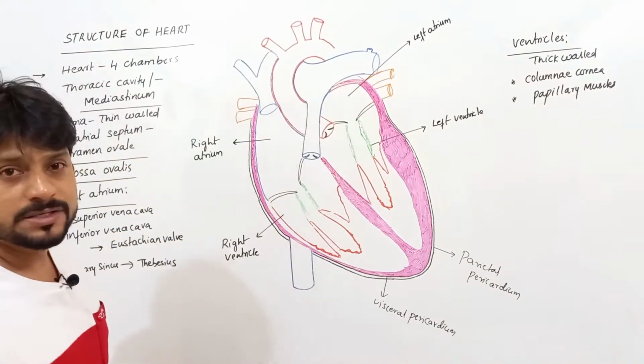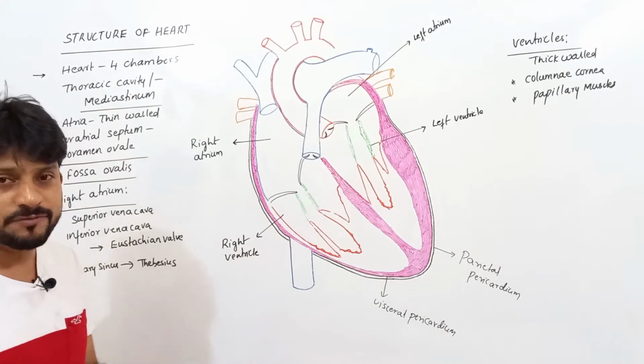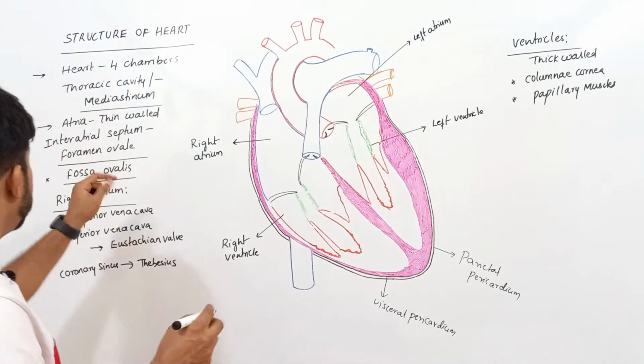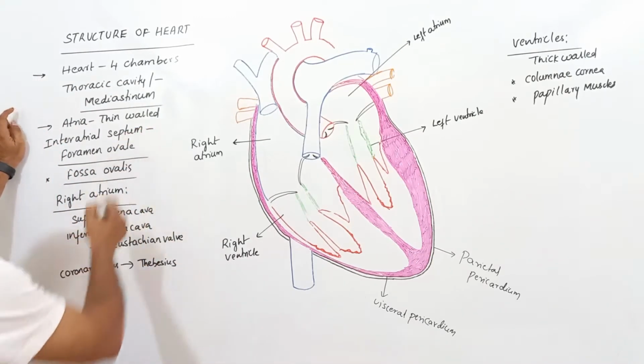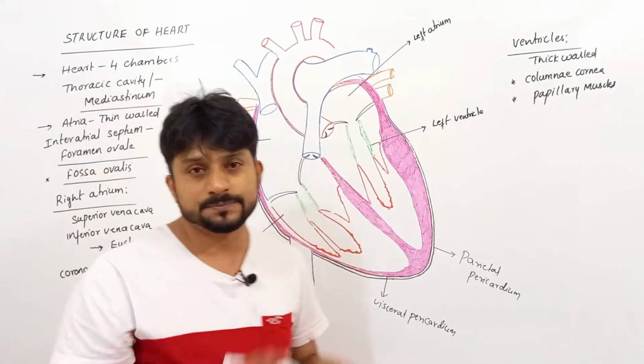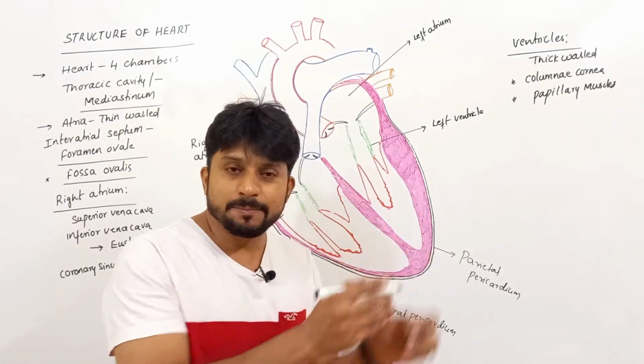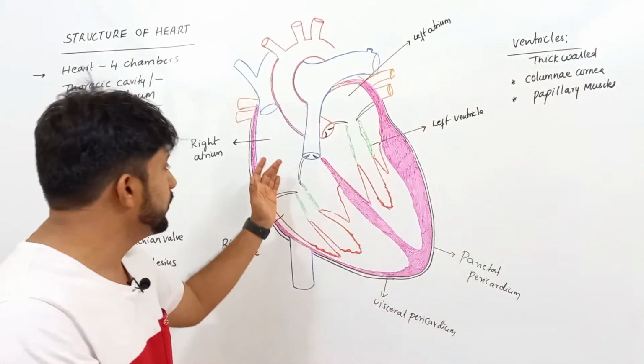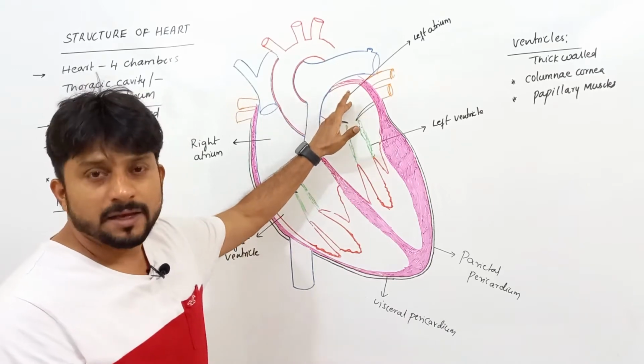Both atria are separated by interatrial septum, and this interatrial septum in the embryonic stages, that means in the fetal stage, has an opening called foramen ovale which directs the blood from the right atrium to the left atrium.